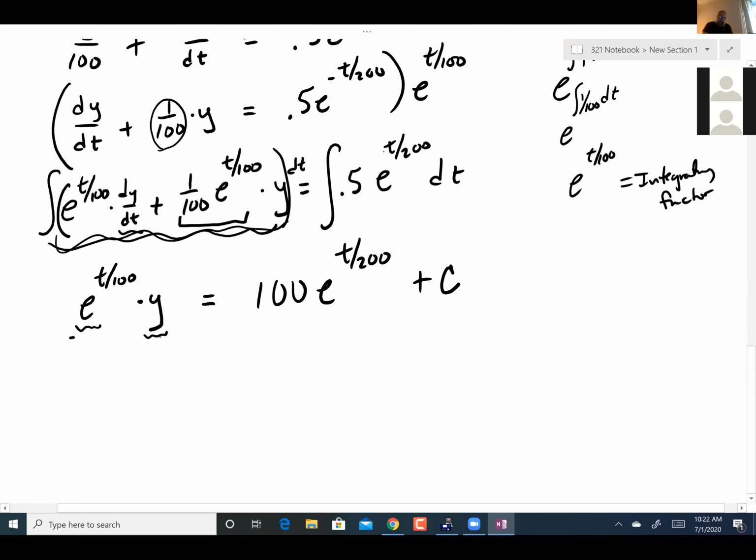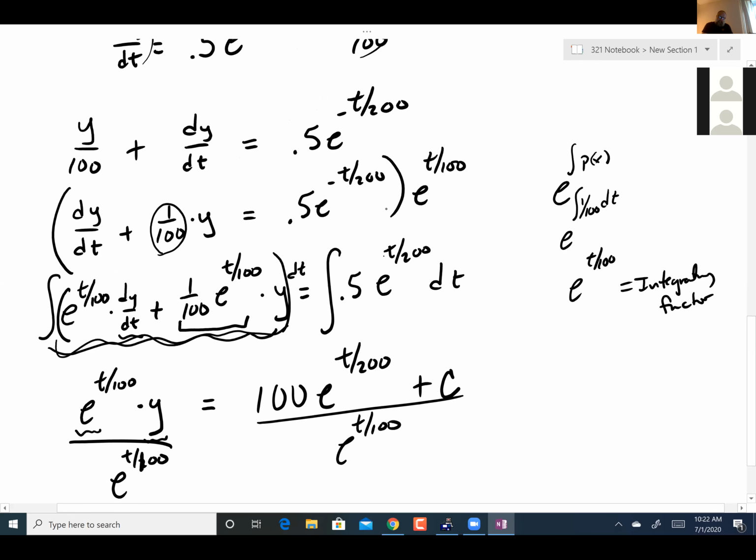Now to solve for y, I simply divide by e to the t over 200, or t over 100, you dope. So that gives me y equals, now listen, you're taking what you had initially, you're always going to get back to where you came from. You with me on this? Because initially we took e to the negative t over 200 times t over 100, and we got t over 200.